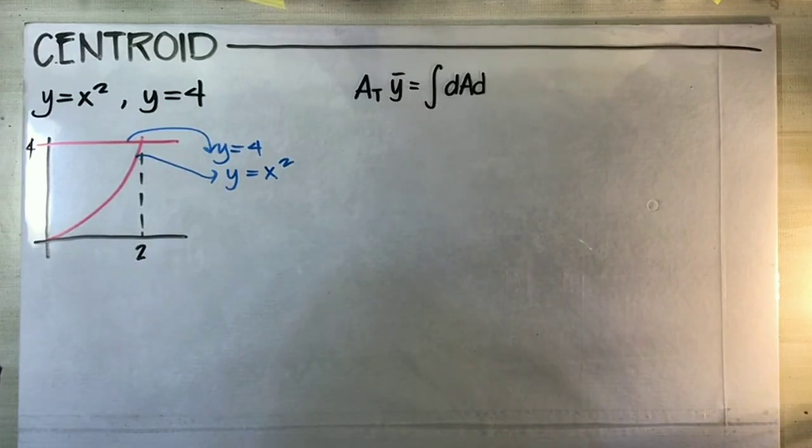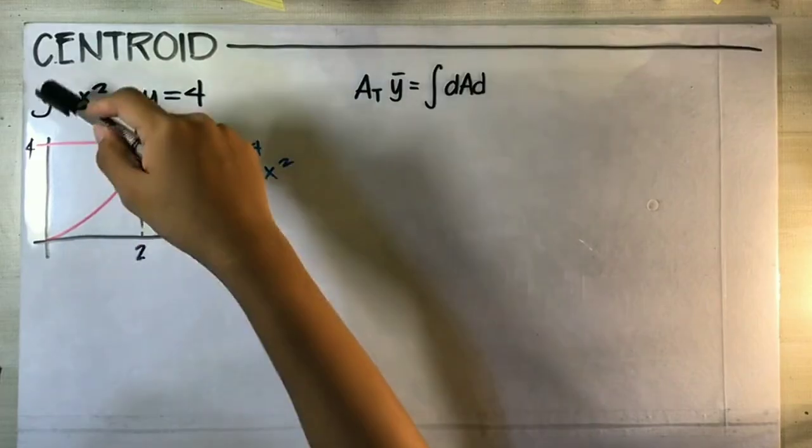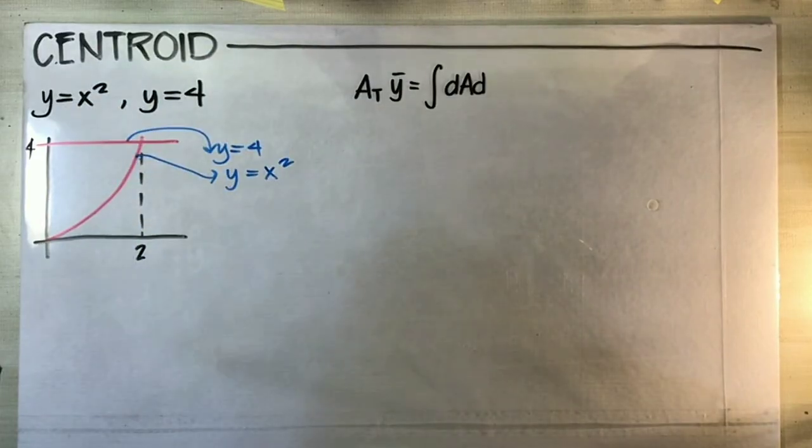And so we still have here y equals x squared and y equals 4. In solving the centroid, we have the formula: total area times y bar is equal to the integral of distance times the integral of area.